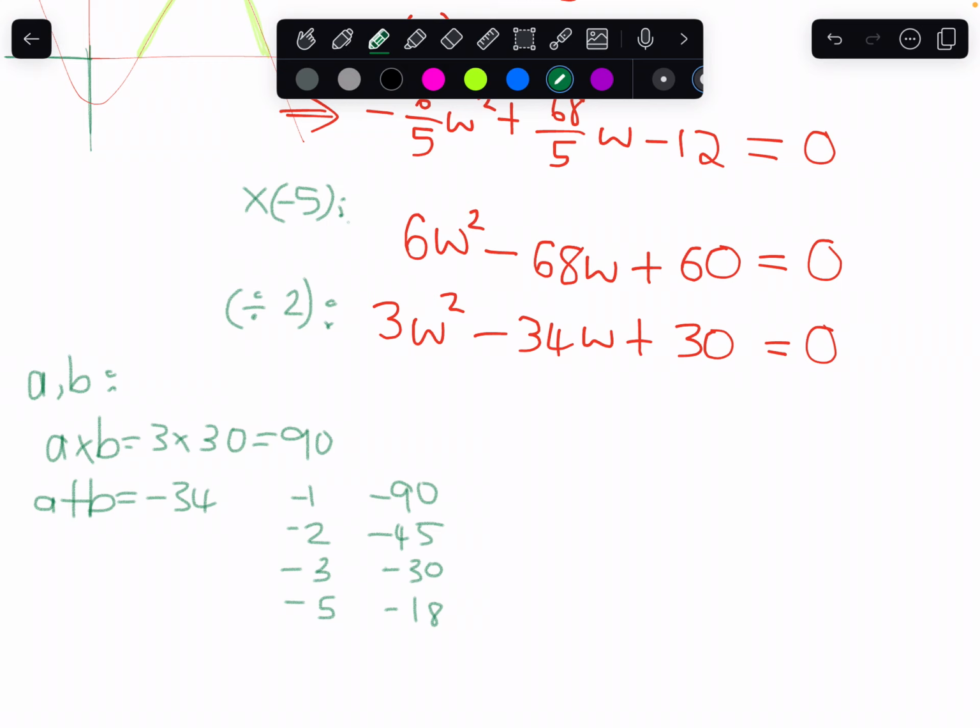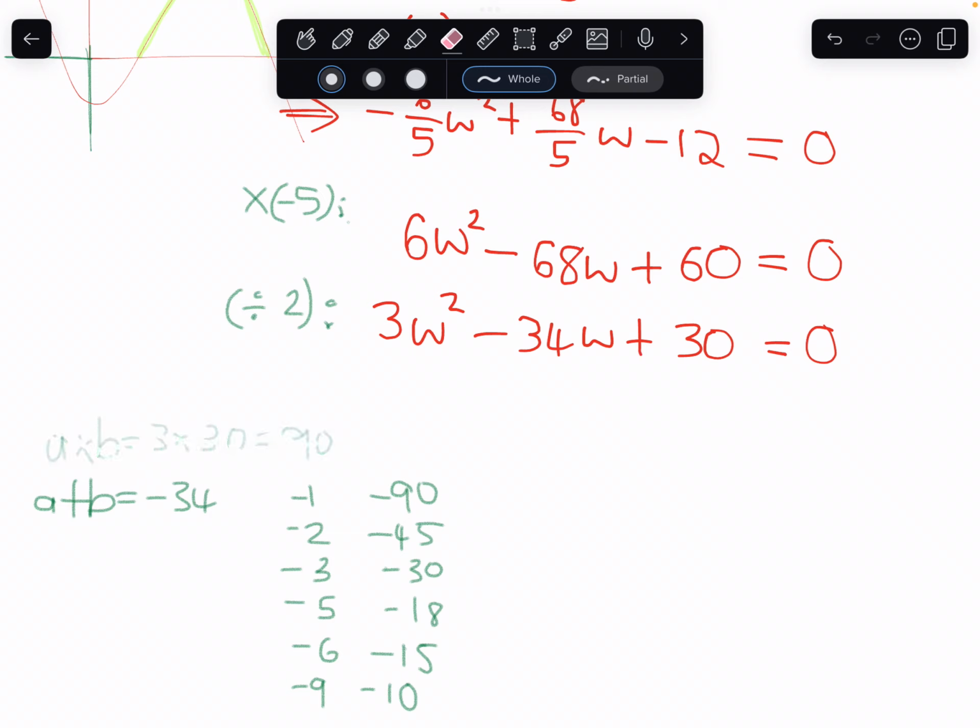So now we're moving away, it's just going to get smaller and smaller. Minus 6, minus 15 is minus 21. No, this is not going to work. We're now going to minus 19. Okay, no. So this doesn't look like it can be factorized.